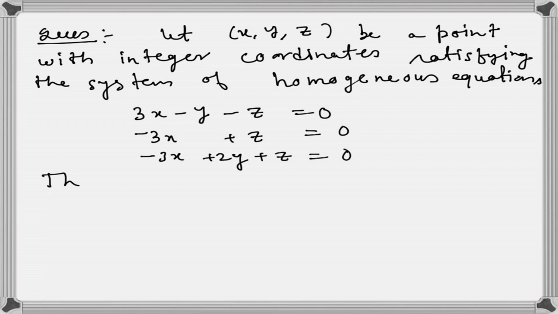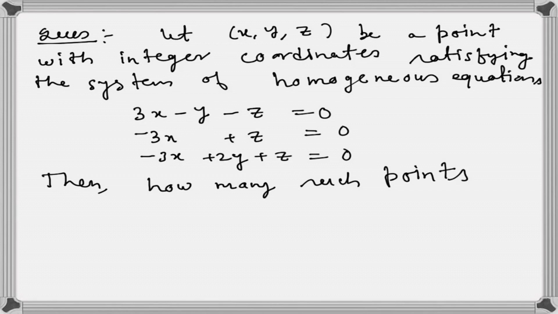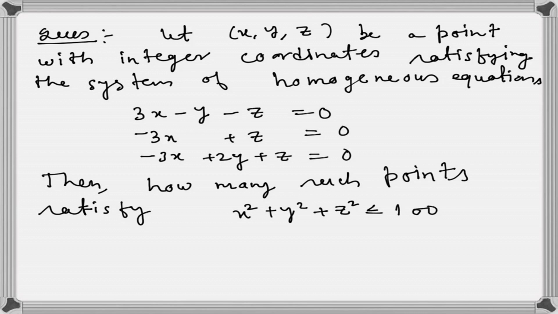Then how many such points satisfy x square plus y square plus z square less than or equal to 100?